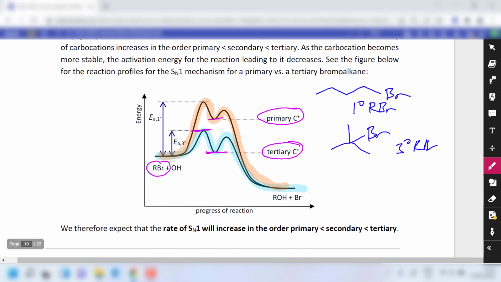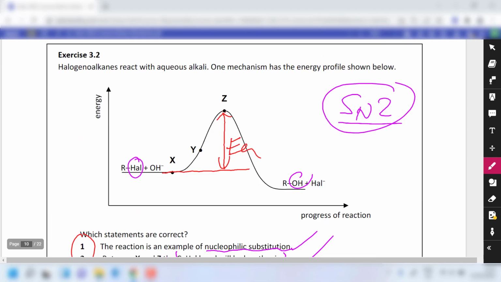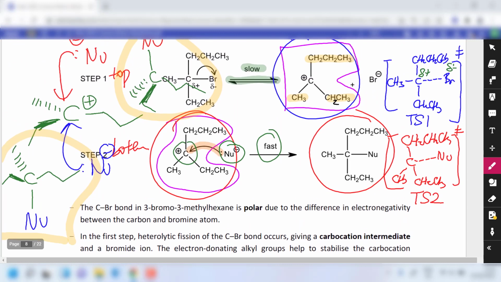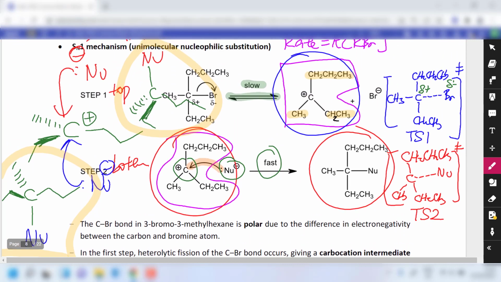Okay, so if you recall, I just need to recall a little bit. Earlier on, I have shown you how to draw the transition states from the substrates. This is the transition state between the substrate and the carbocation, which is represented by this.